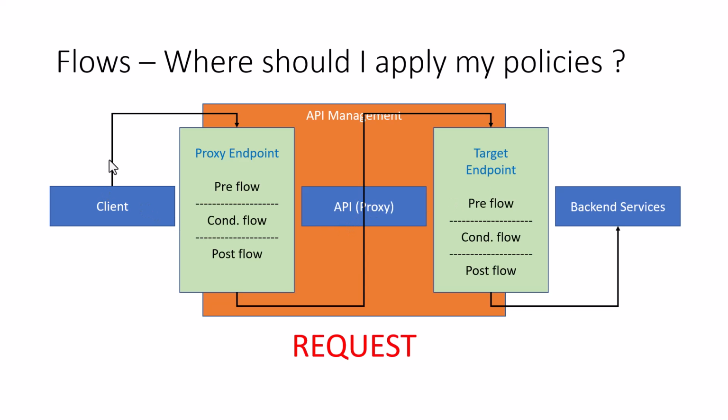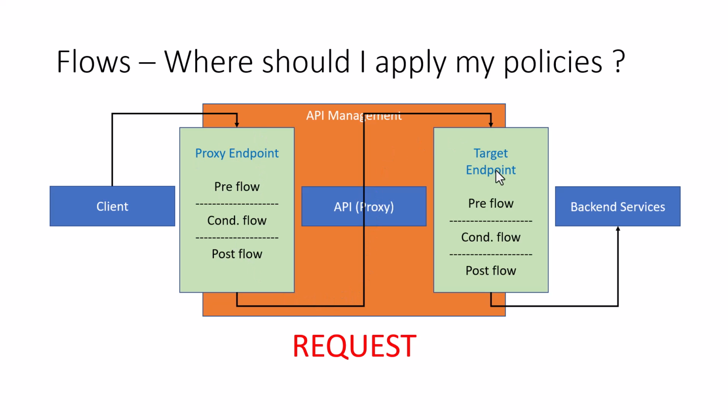As the request comes in, there is going to be a pre-flow, and any policies that you apply in the pre-flow in the request get automatically applied. Then the conditional flow is only applied if the condition is met, and then you have the post flow where all the policies are applied as well. And this is in the proxy endpoint phase of the request.